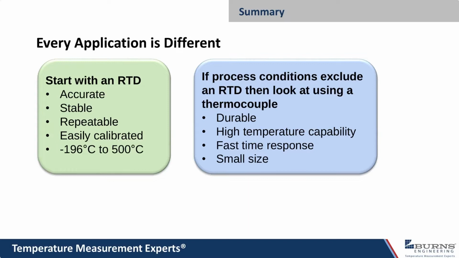A temperature range of -196 C with liquid nitrogen up to 500 C is pretty much a standard industrial type range. There are RTDs that will go over 500 C, but those are typically used in laboratory applications.